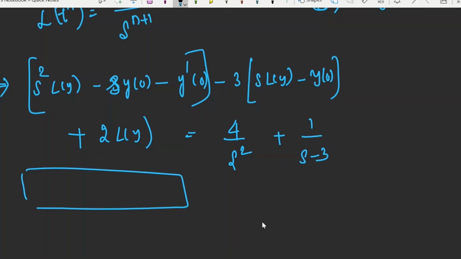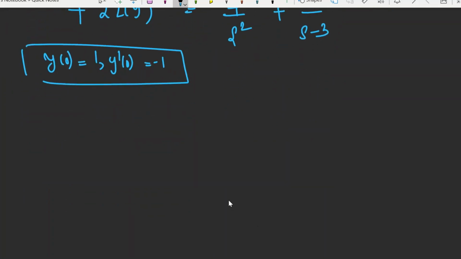In the question itself the boundary values are given. y of 0 is 1 and y dash of 0 is minus 1.